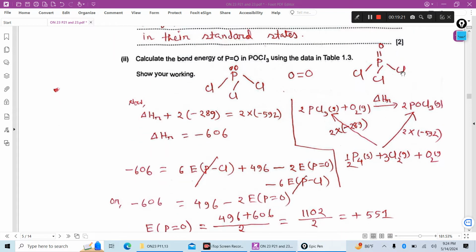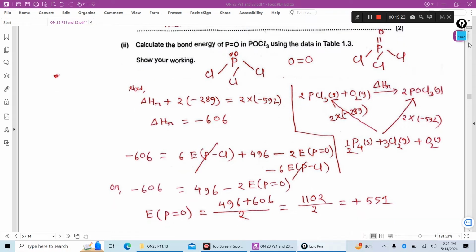Now you see, according to Hess's law, this is the direct route and this is the indirect route. You know, the direct route enthalpy change equals the indirect route enthalpy change.